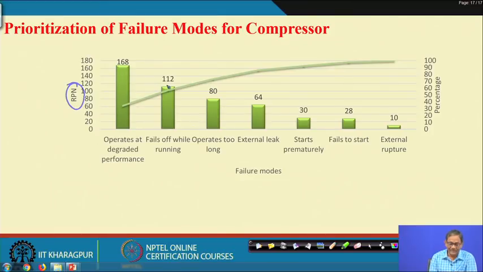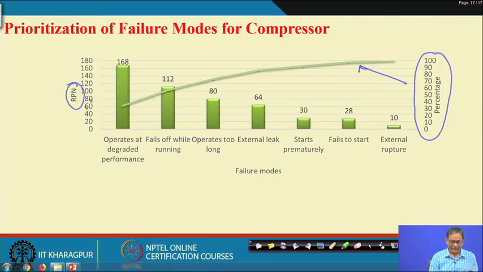So, here 168, 112 like this in decreasing order of RPN, and then you create a cumulative value chart. You have to see this one in order to understand this.